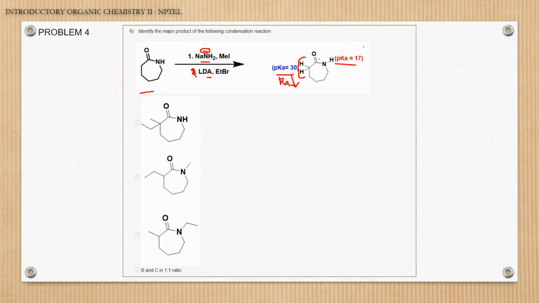So where should this methyl iodide add? Nitrogen. Yes. So nitrogen will take up this methyl, because sodamide will abstract the proton from NH because of the higher acidity of this proton.